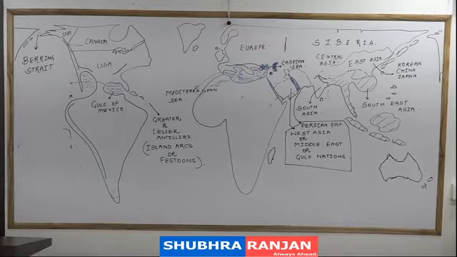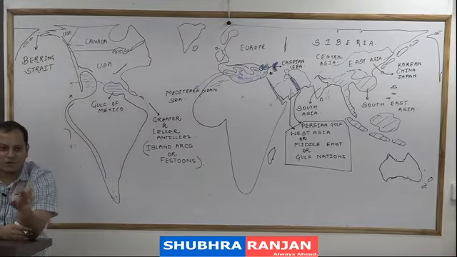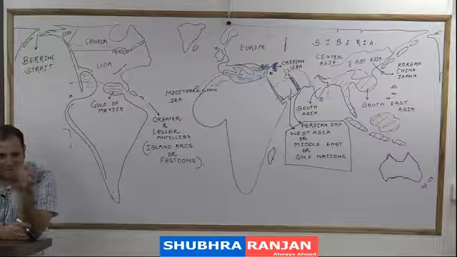In fact, I tell you an interesting thing, that this part, Alaska, was earlier a part of Russia. Russia thought it is a useless part, so sold it to USA only for $50,000, because they felt it was of no use.